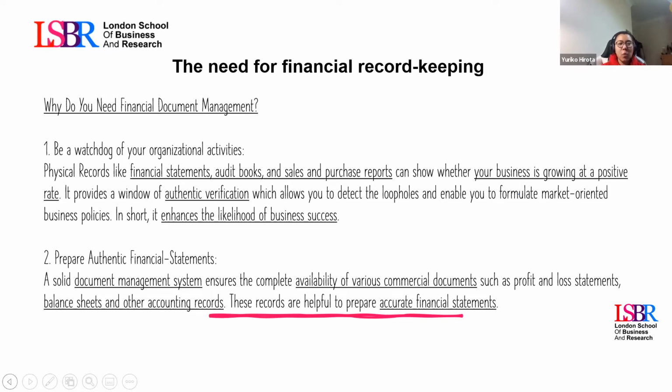And maintaining this management is also important because when we are in an audit, we can give the documents to the auditor in order to let the auditors know that the documents are authentic and they can verify every transaction and every recording.